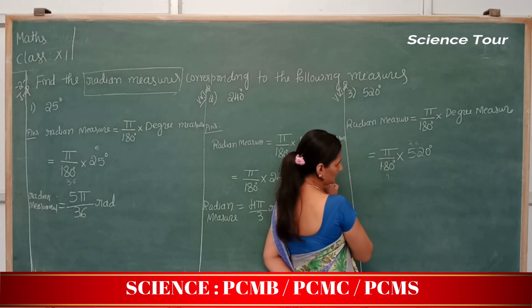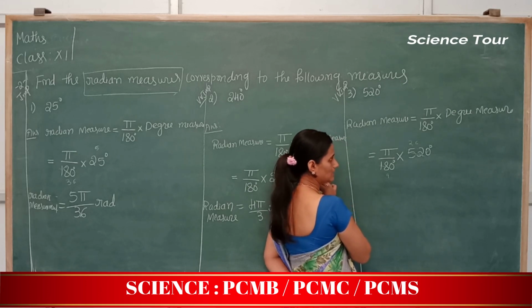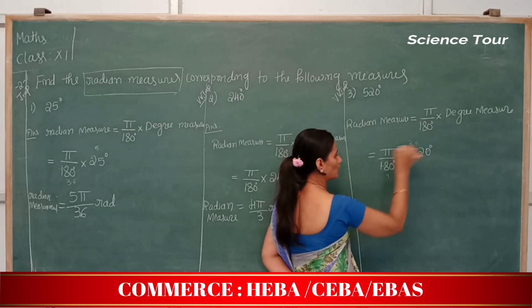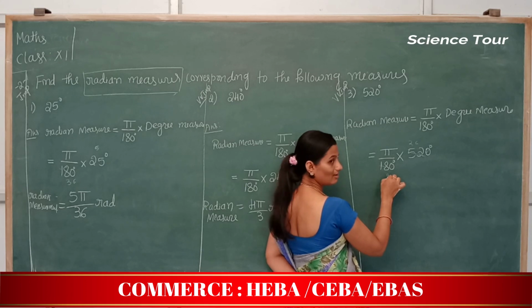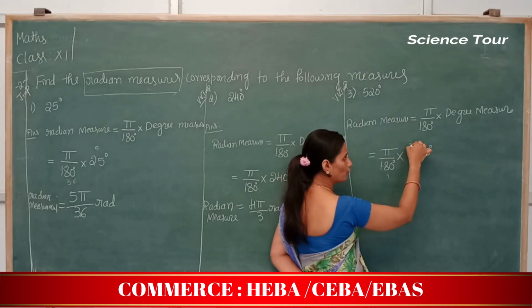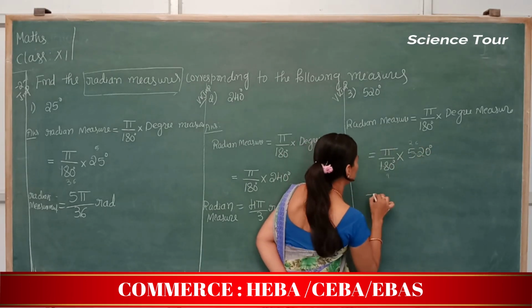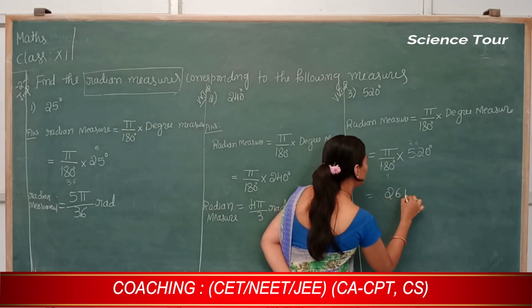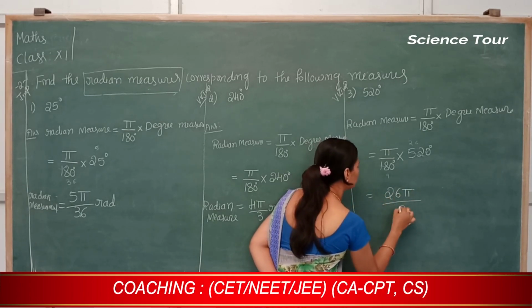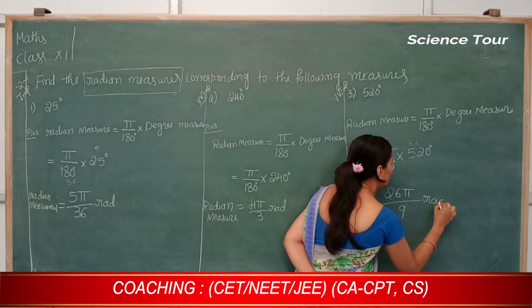So that is equal to 26 pi divided by 9 radian.